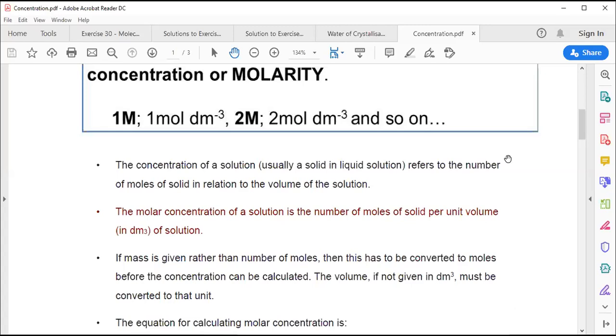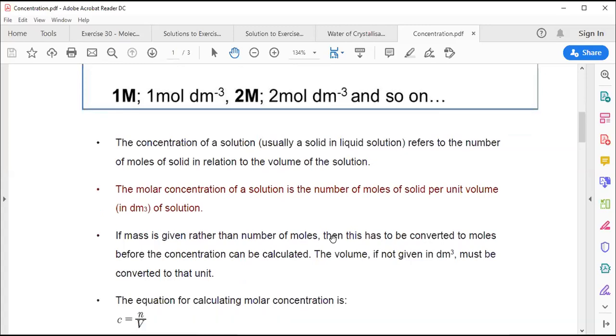Right. We move on. Only that line. That's an alternative definition to the one that you wrote at the top, in case in an exam they ask you to define concentration. They're just going to say number of moles of solute per unit volume.